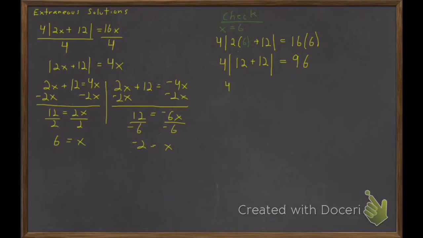We get for the absolute value of 24 equals 96. 24 comes out of the absolute value, and 4 times 24 equals 96. And we can see that 96 indeed equals 96. Check. Therefore, x equaling 6 works.